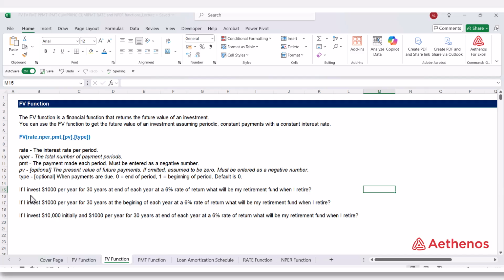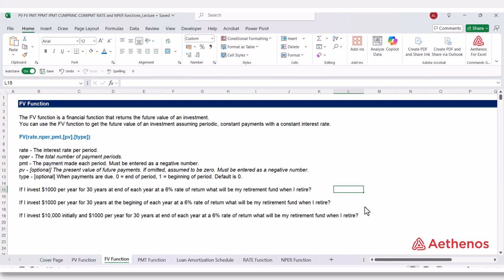So let's look at an example where we are going to invest $1,000 per year for 30 years at the end of each year at a 6% rate, and we want to find the return that will be available for retirement when this person retires.